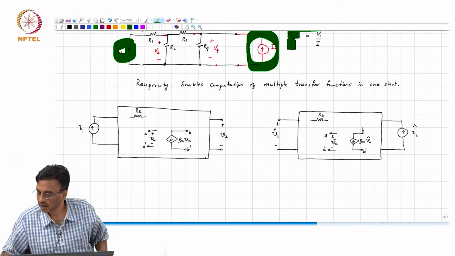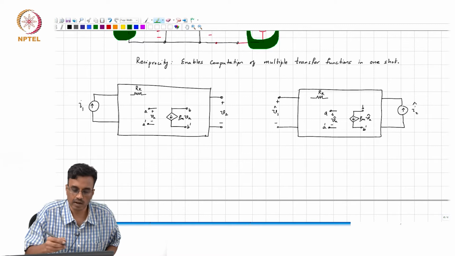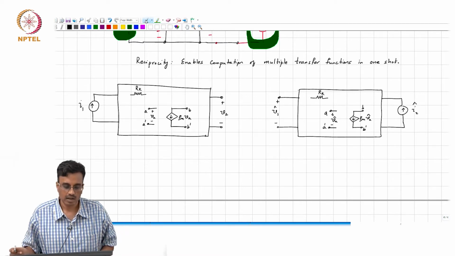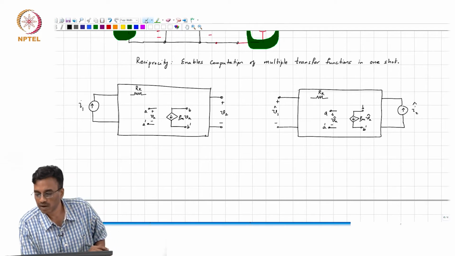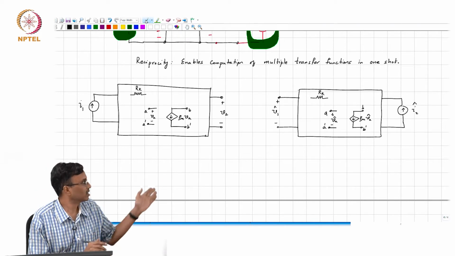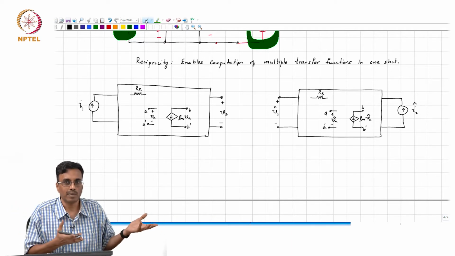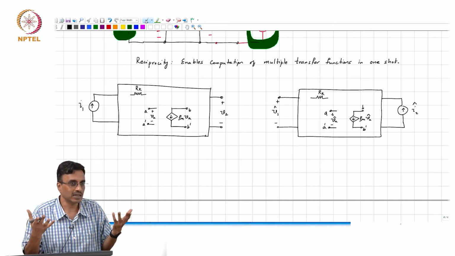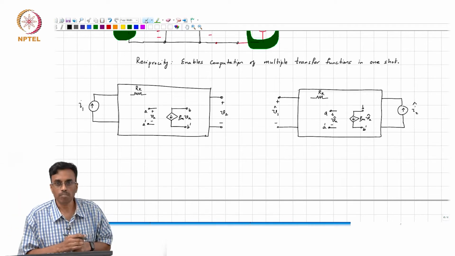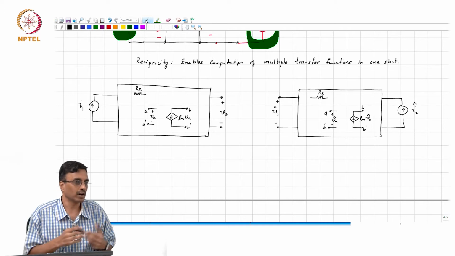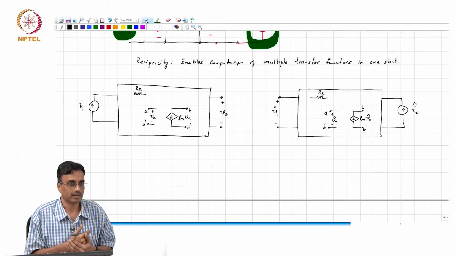That is what we are going to see next. And as I said, fortune favors the brave. So we just be brave and write the same equations, the same approach that we took for the passive case, and see where that leads us. If all things work out, we are a happy family and go home. If they do not work out, we figure out why they do not work out and see if it can be fixed.